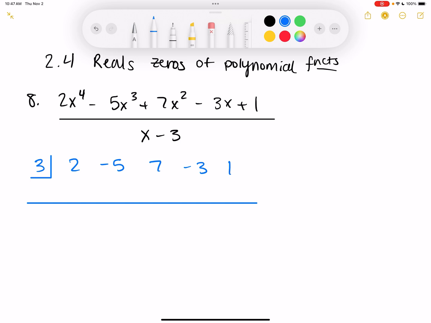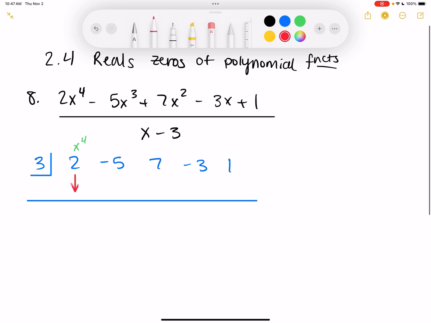Just something to note, this currently is an x to the fourth term, because when I get my answer, that's going to become an x cubed term. It's always going to decrease by 1 every time we divide. So we bring down the 2. Whatever the first number is always just gets brought down. Then we do 2 times 3 is 6, so 6 goes here. Then we add these together, so this ends up being positive 1.